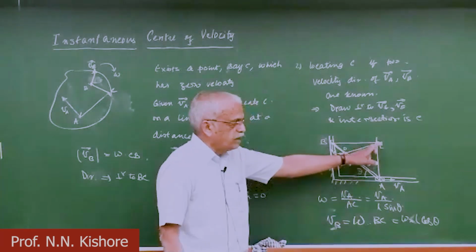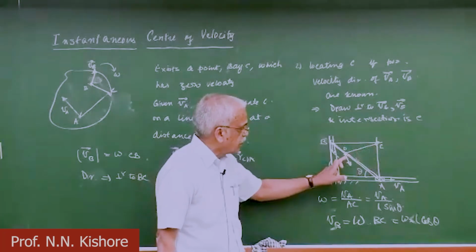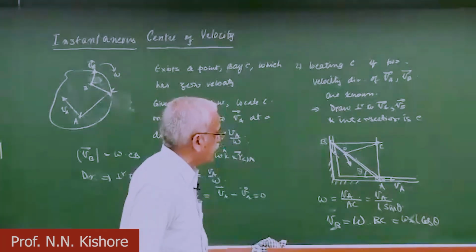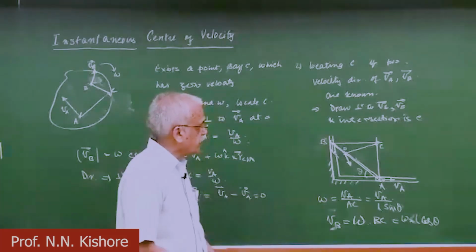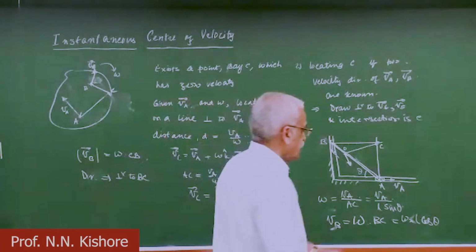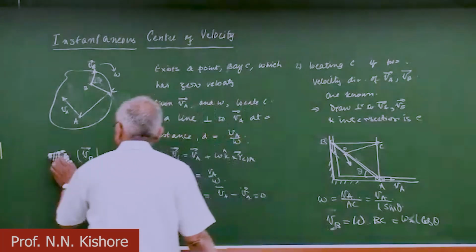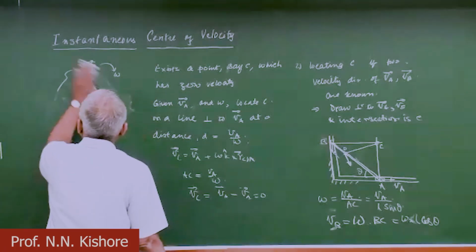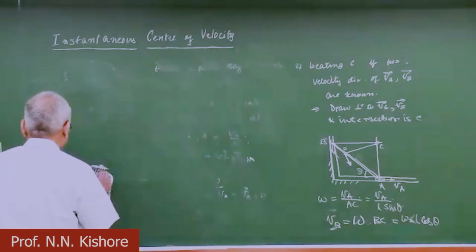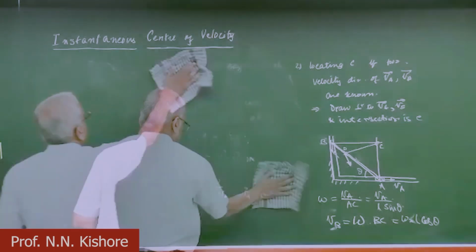It is simply omega times CD, in a direction perpendicular to the line CD. So this way you can find the whole velocity analysis in a very short time. There are several aspects of that which we are going to talk about just now.